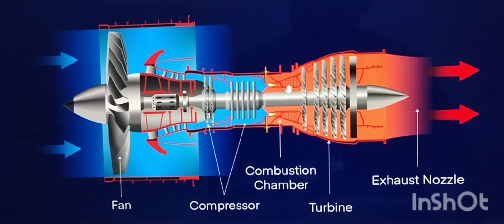Then with ignition, heat, fuel and air, there will be a fire. Because of this, the compressed gas will start to burn, and it will rapidly expand through the fourth part, the turbines, and into the exhaust nozzle and to the outside.